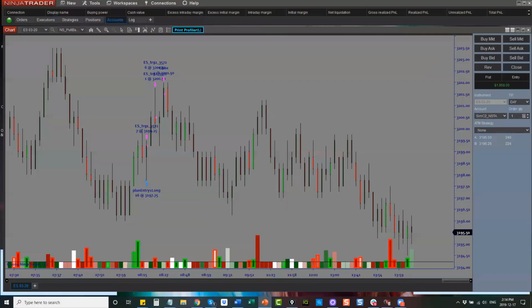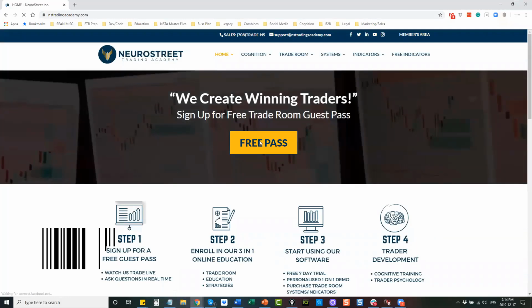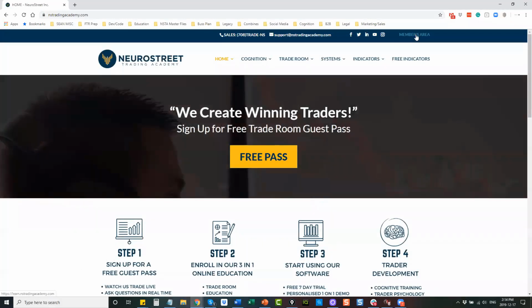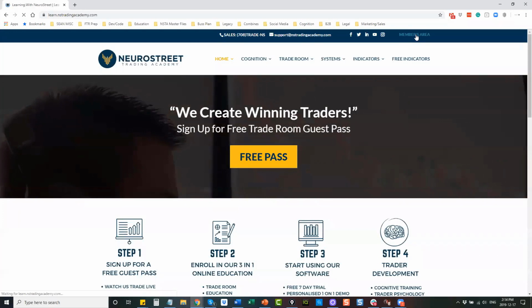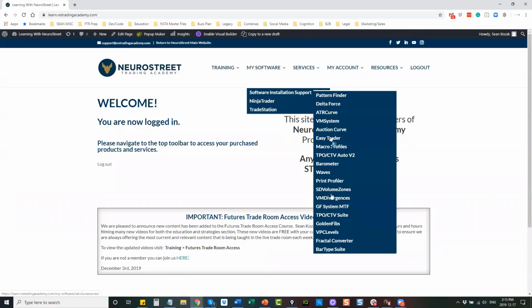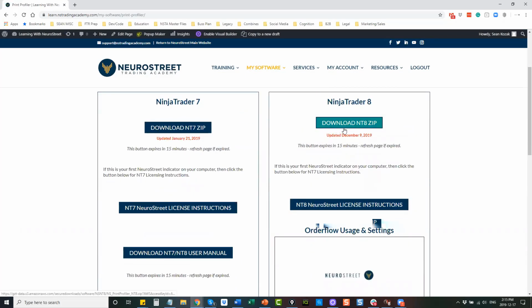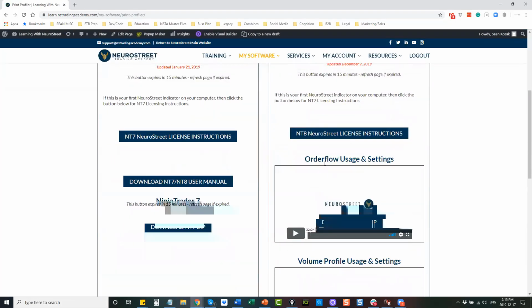And what I'd like to do is show you that when you do get the tools, or decide to purchase these, exactly what the process looks like. You'll get an email and you'll be given a username and a password. Many of you probably already have one if you're members of the trade room or other indicators. You're going to have a My Software tab, and you're going to find the print profiler down here somewhere. Right there. Okay. And when you come in here, the zip files are here: licensing instructions, order flow, and usage and settings.